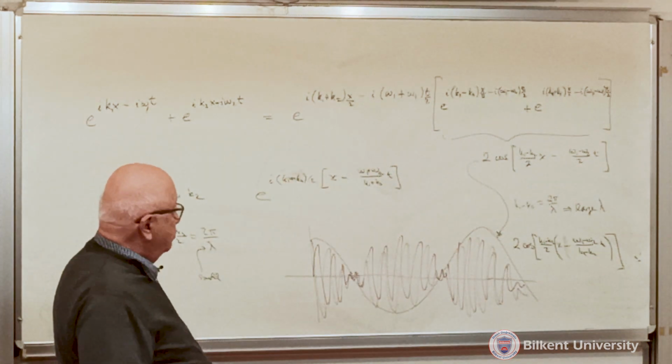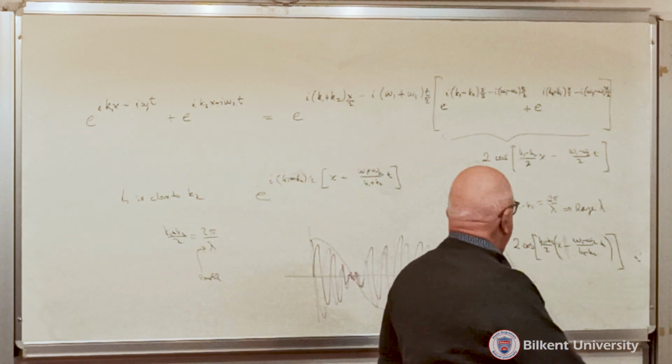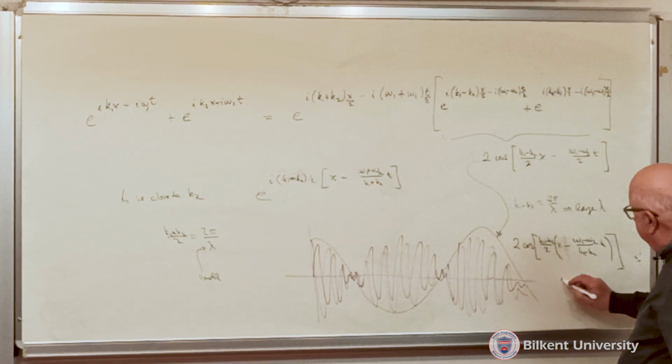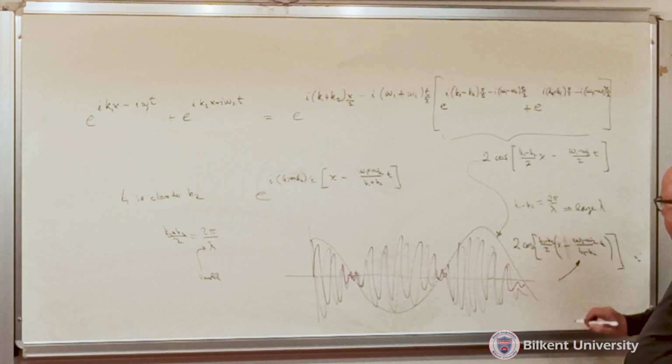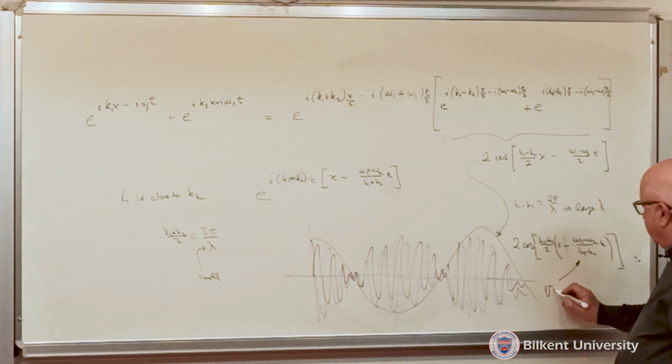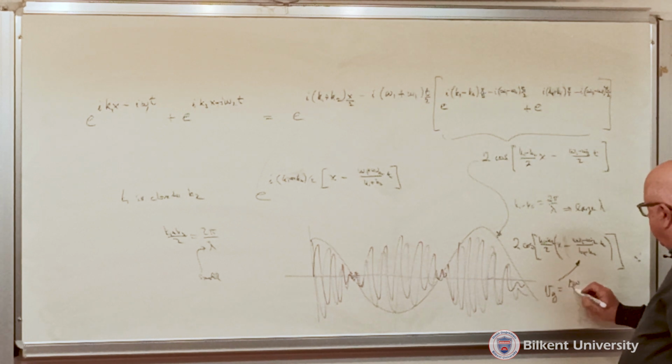All right, so the velocity of this wave, which we are going to call the group velocity, is equal to delta omega over delta k.